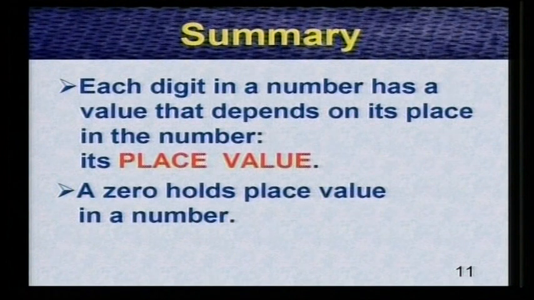So any number with a decimal on it, like the one we just had, when it is placed under the place value table, each of those digits has its value, like we said earlier on. The second important note is a 0 holds place value in a number. Is that clear?